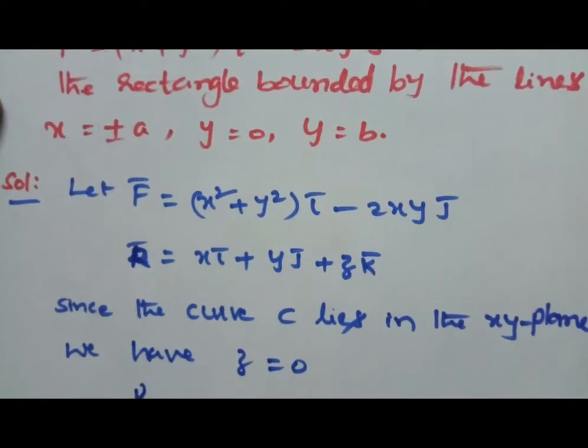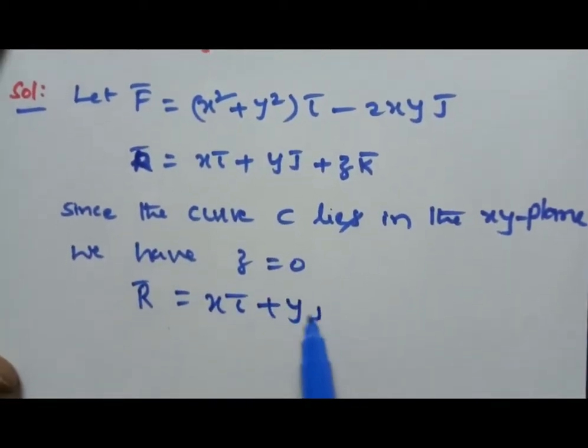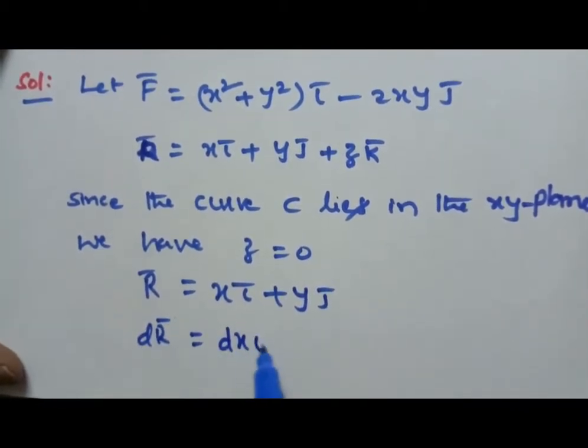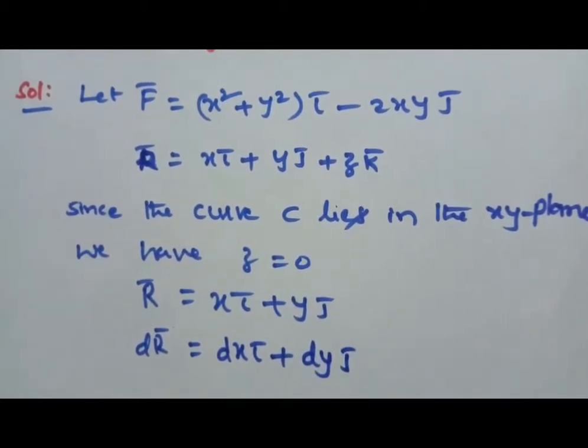Therefore, R bar is equal to xi bar plus yj bar. Therefore, dr bar is equal to dxi bar plus dyj bar.